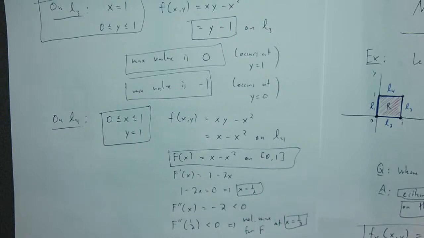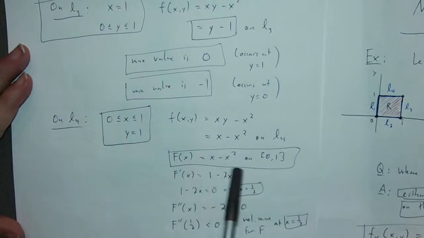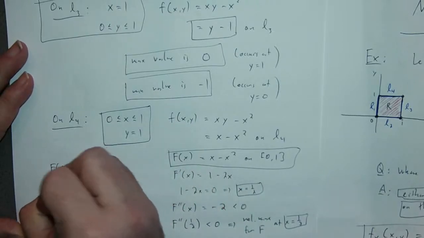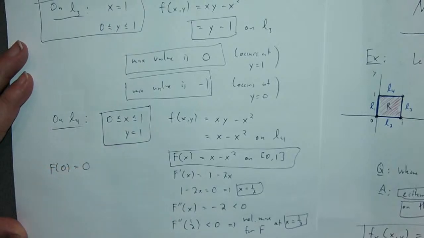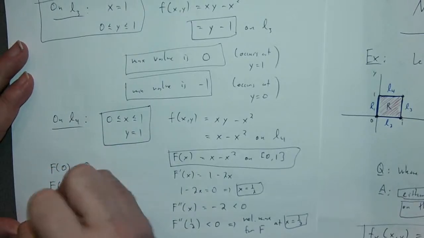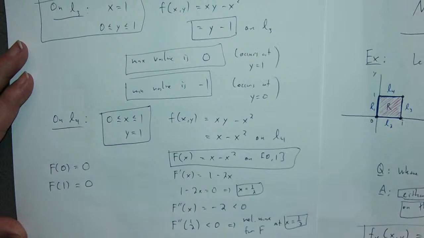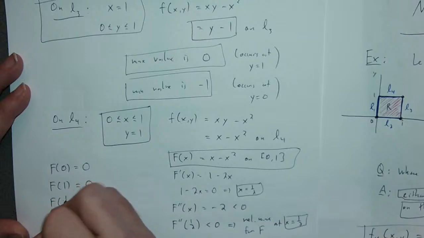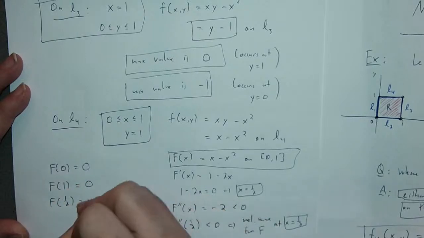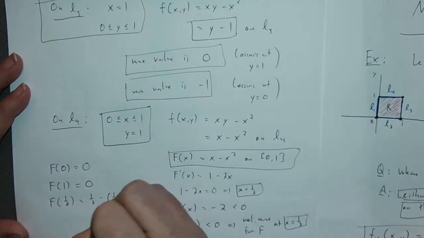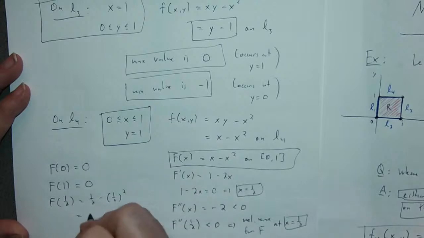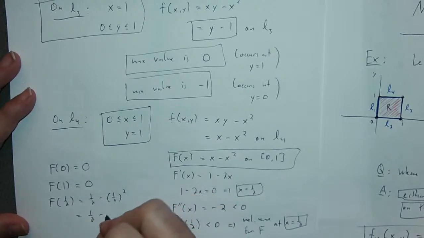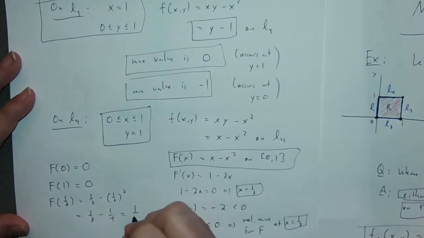Okay. And so I do that. Well, big F of 0 is 0. And big F of 1 is 0. But what's big F of 1/2? This is 1/2 minus 1/2 squared. That is 1/2 minus 1/4, which is 1/4.